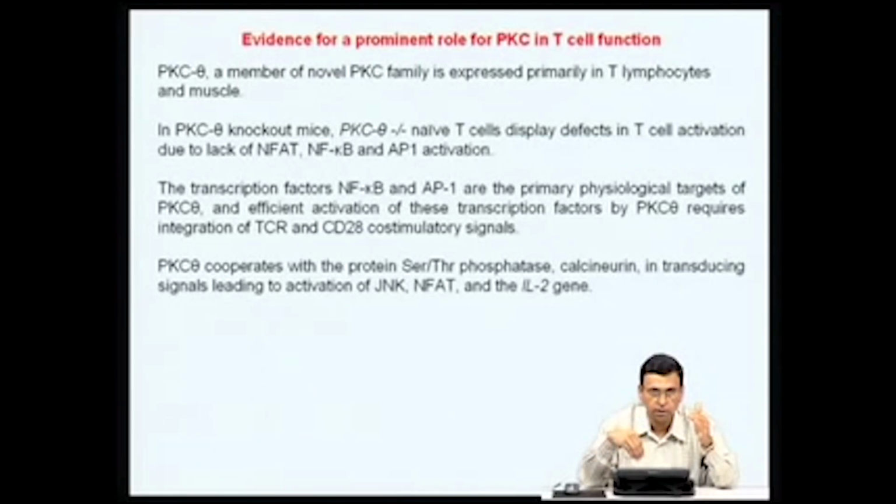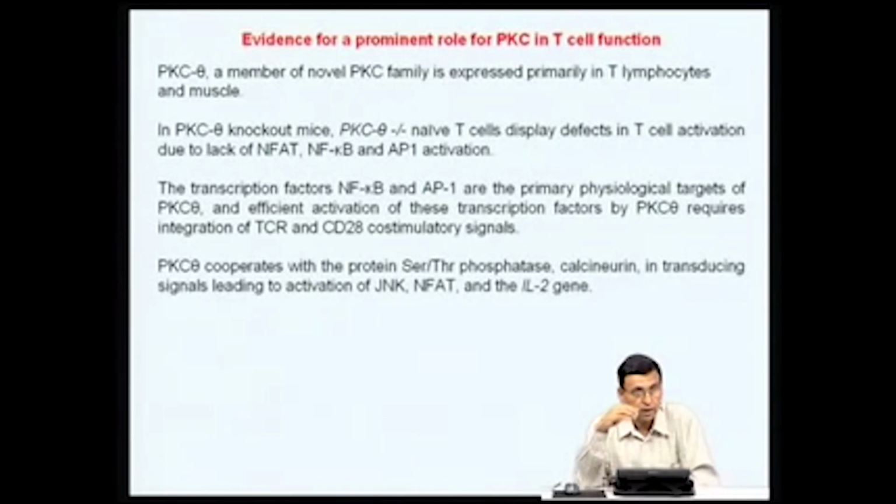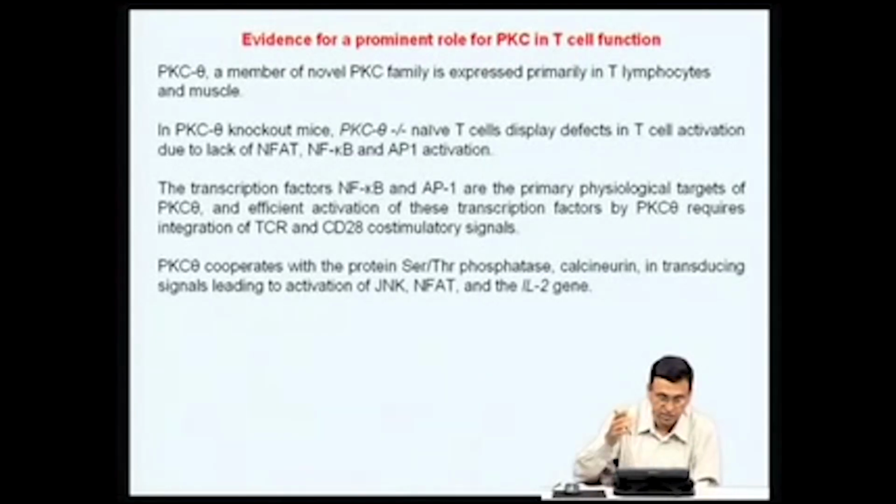This is interleukin 2 expression, and for interleukin 2 expression you require transcription factors like NF-kappa B, AP1 and NF-AT, and at least 2 of these transcription factors are activated by the PKC pathway. And PKC theta cooperates with the protein serine threonine phosphatase calcineurin in transducing signals leading to the activation of JNK, NF-AT and the IL-2 gene.